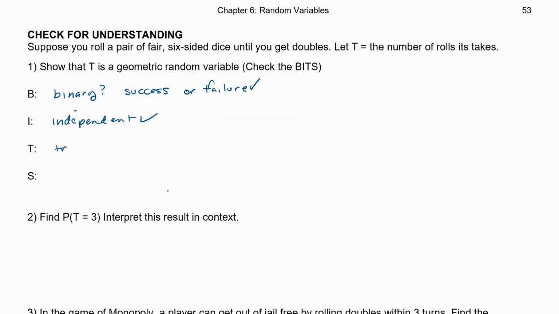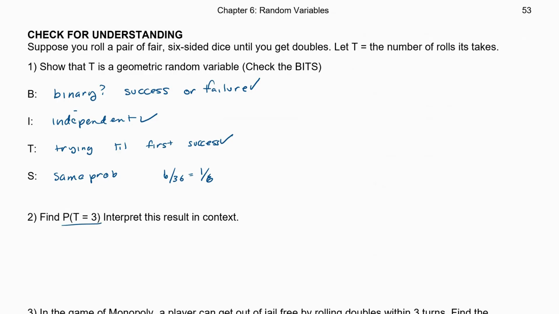Are we trying till first success? We certainly are, because we're trying until we get our first pair of doubles. Is there the same probability on every trial? Yes, there is. And that probability is 6 out of 36, or 1/6. That's the probability of getting doubles.